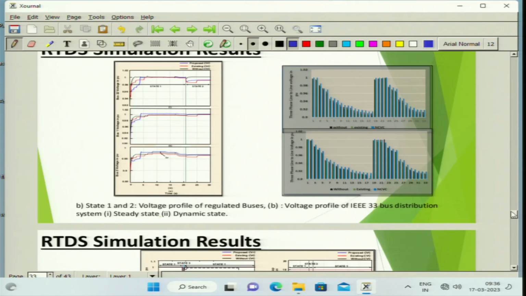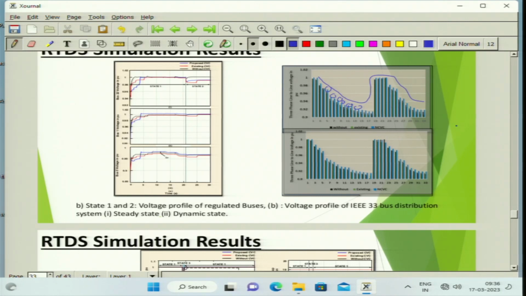And because we have preserved the additional reactive power reserve and we are optimally utilizing the OLTC, the overall voltage profile in the system is also improved. The blue color one shows an improvement in the voltage profile of all the buses in the IEEE 33 bus distribution system.